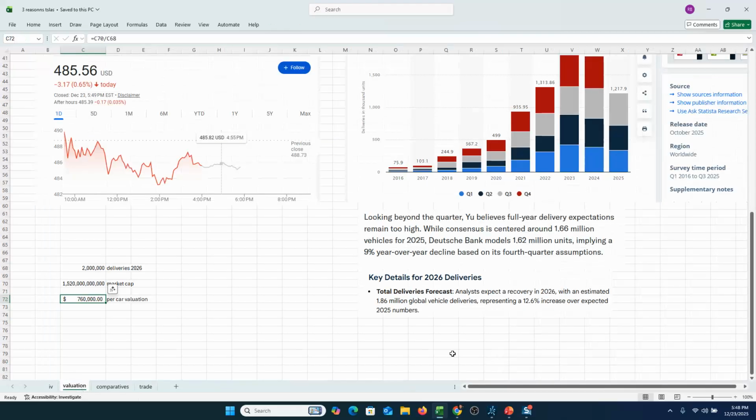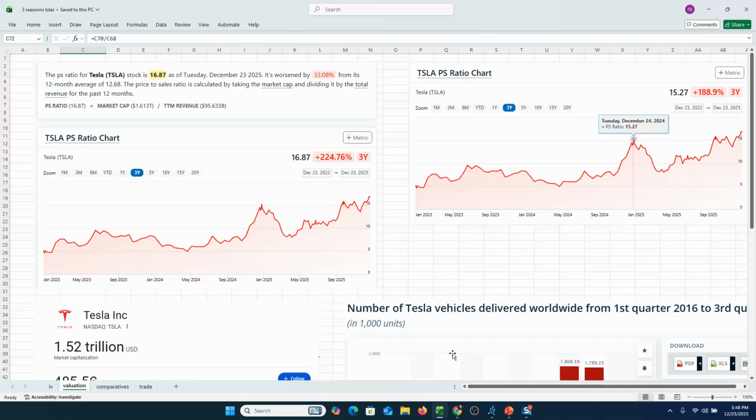So we can jump in and take a look at valuations. I took a simple price to sales chart for Tesla. Certainly PE is just ridiculous numbers. Most of the numbers are. But this one, as you can see, a 3-year price to sales for Tesla, now at by far the highest reading over the past 3 years, approaching 17 times price to sales.